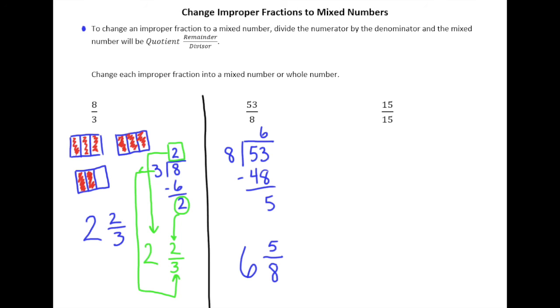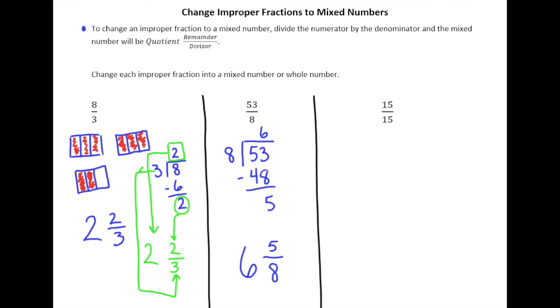And then lastly, let's look at a situation where we've got 15 over 15. Here, I suppose you could do this division process, but I think we can be a little more on top of it than that. One thing that I haven't described yet in the videos is that fractions are just division.